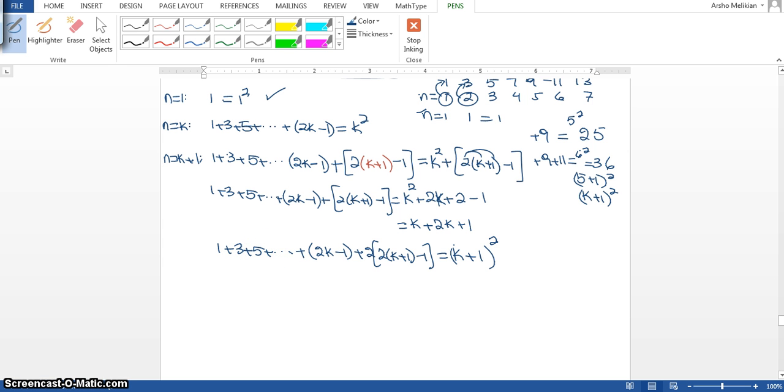K plus 1 squared. Right? So we proved for the first case, we proved for some random case, and we saw that the one right after n equals k gives us as a final answer k plus 1 squared, which is exactly what I was expecting. So now my proof is complete.